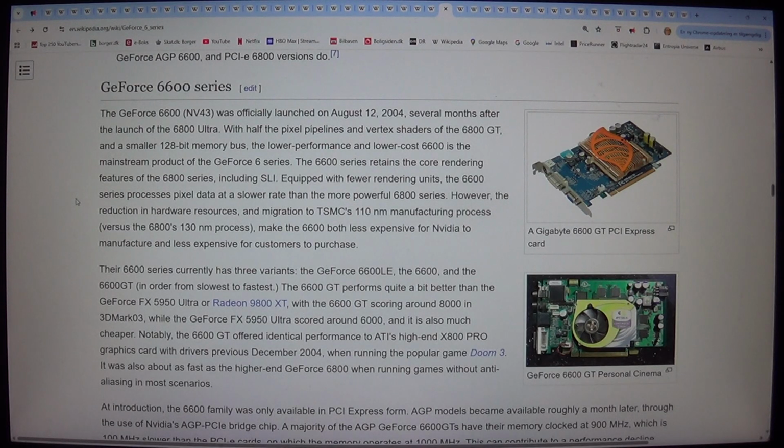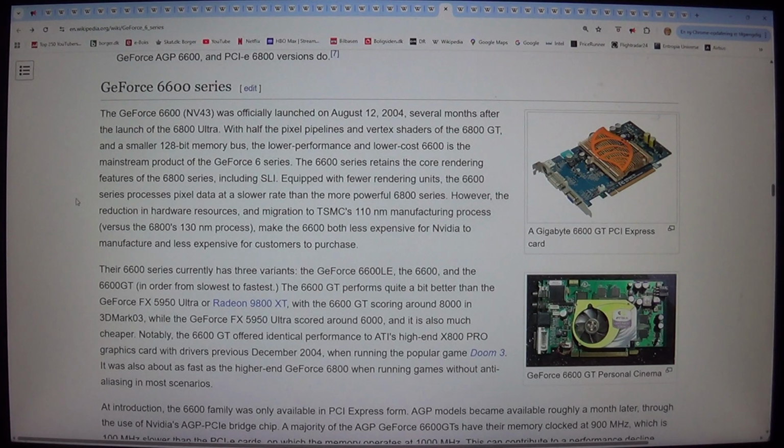The 6600 series retains the core rendering features of the 6800 series, including SLI. Equipped with fewer rendering units, the 6600 series processes pixel data at a slower rate than the more powerful 6800 series.